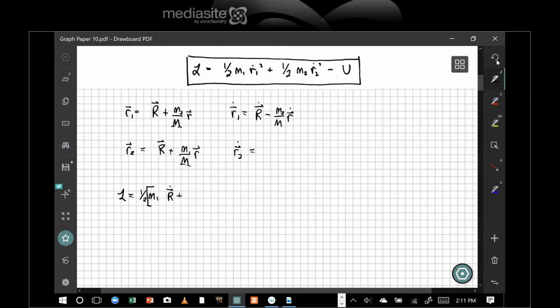Then I add 1/2 m2 times R dot plus m1 over the total mass r dot, quantity squared.